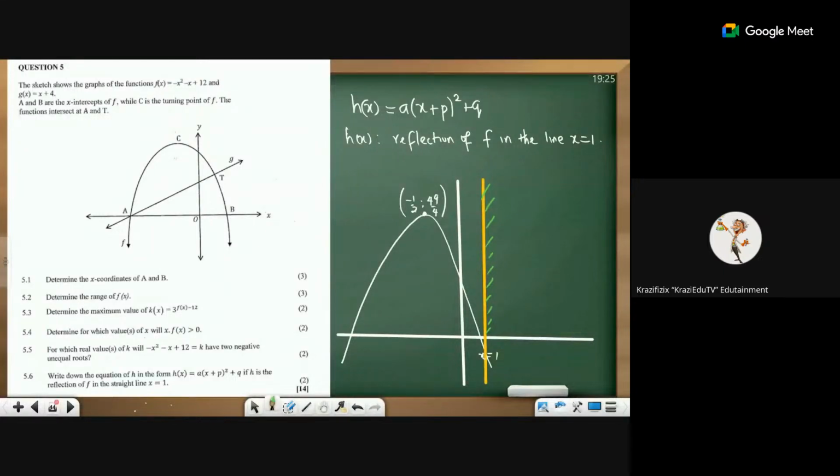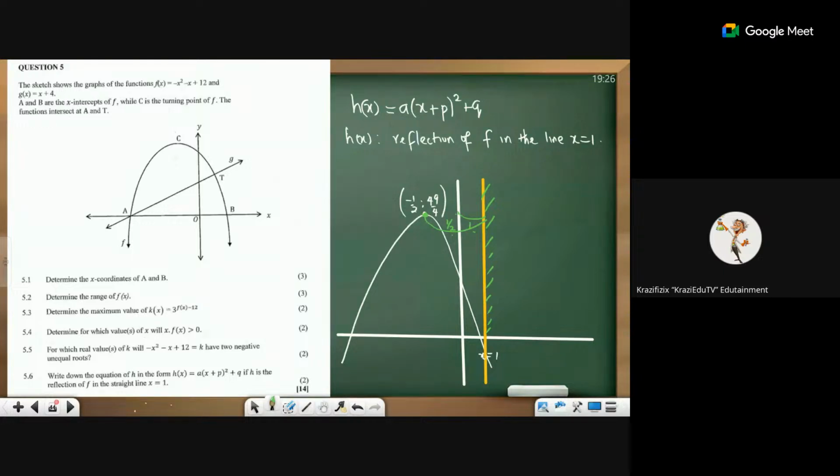The graph is on the left-hand side, so the reflection should be on the right-hand side. From here to here is half. From here to here is 1. Does that make sense? From here, negative half, to the y-axis, 0, it's half. So what is 1 plus 1.5?